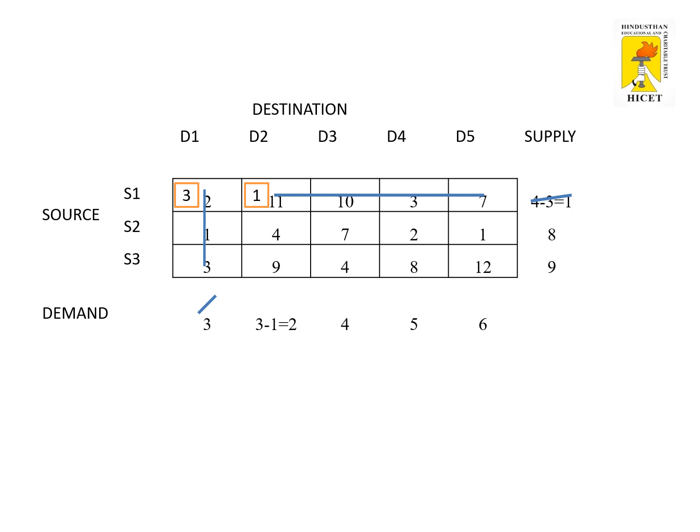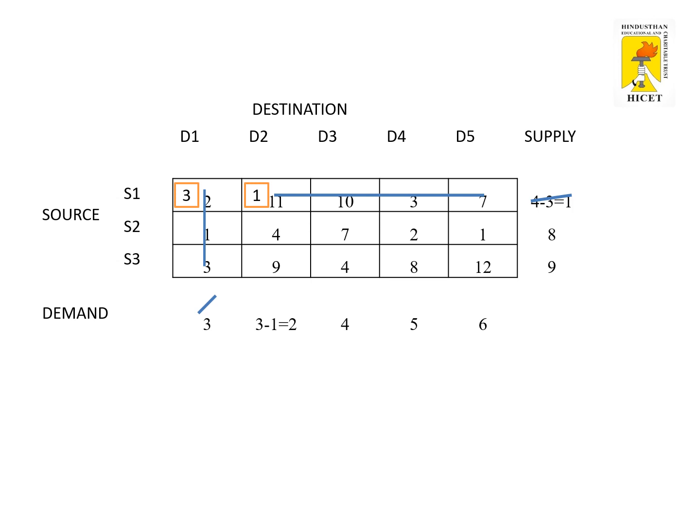Compare the demand for column D1 and supply from the source S1 and allocate the minimum, 3, to the cell S1, D1 as shown in the figure. The demand for column D1 is completed, so the entire column D1 will be cancelled. The supply from the source S1 remains 4 minus 3 equal to 1.